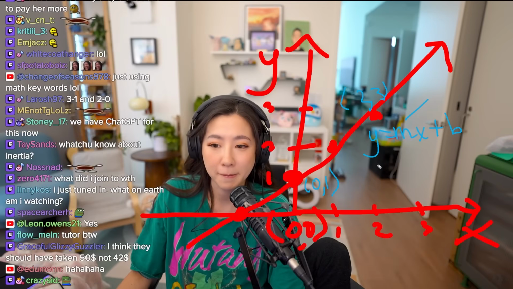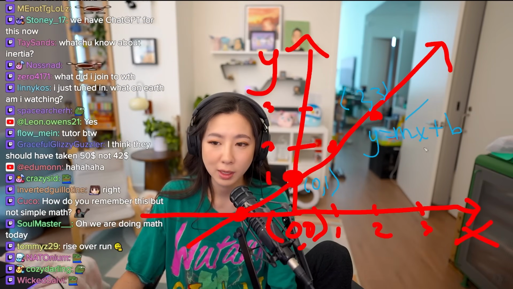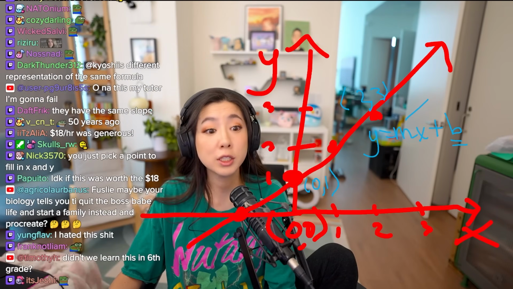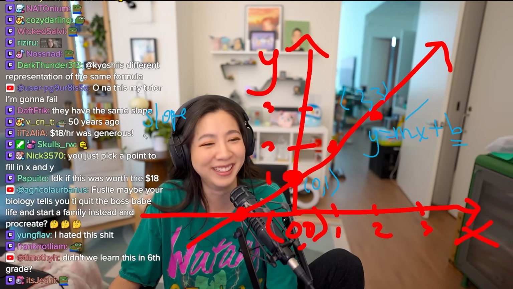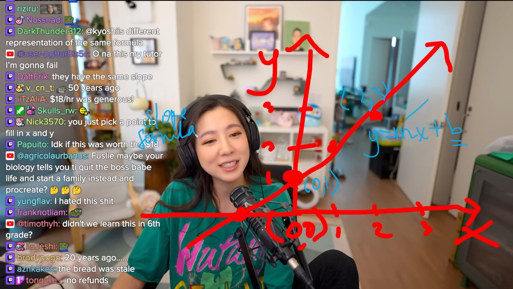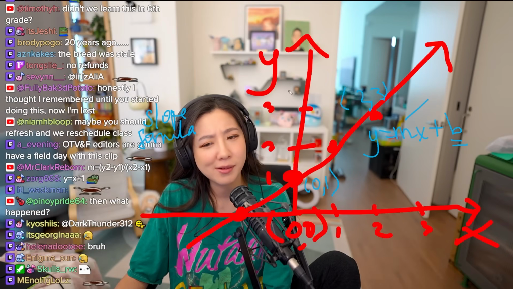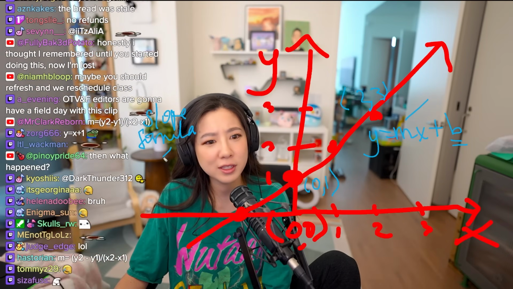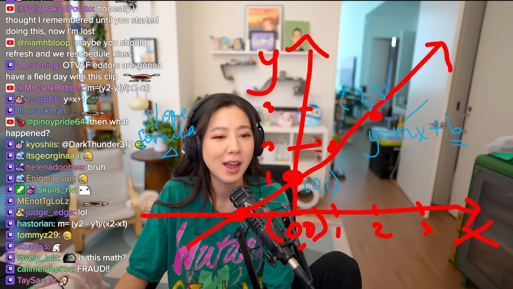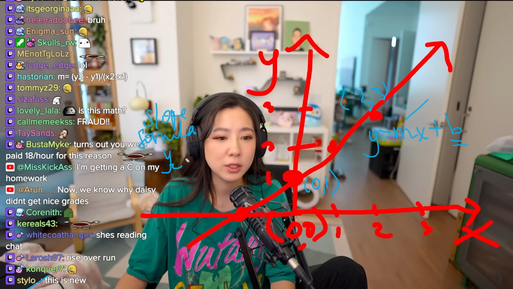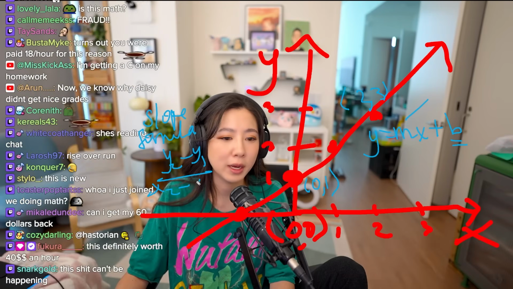So, the slope formula. Isn't it the difference? The change in y. I think it's y2 minus y1 over x2 minus x1, right?